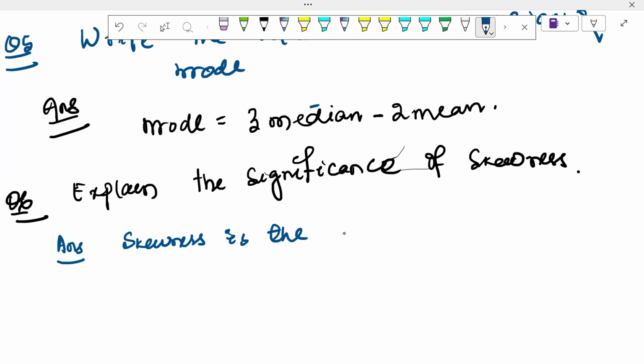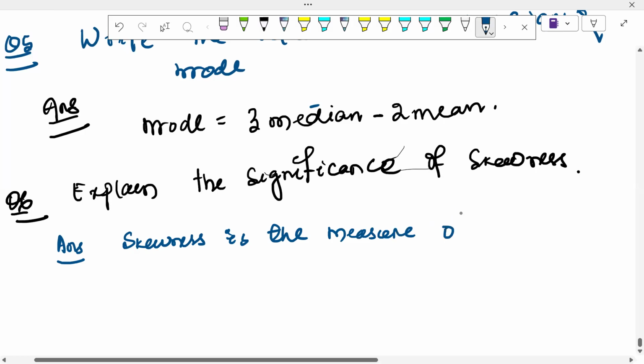Right, skewness is the measure of symmetry of the probability distribution.